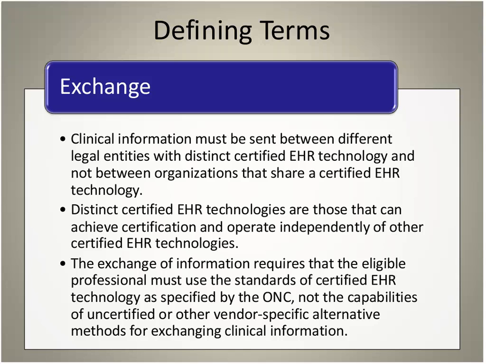Very, very simple. And the tests that are required for stage 1 are pretty unbelievably simple and very, very easy to achieve. And so the type of exchange that's going on in these meaningful use objectives for stage 1 is not, in most instances, true exchange of real patient data.